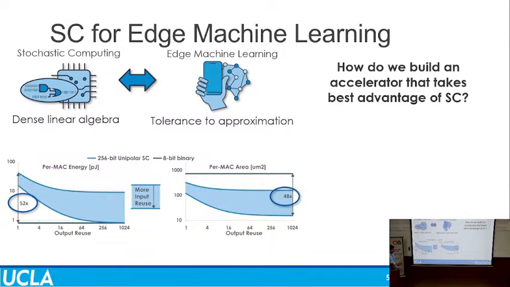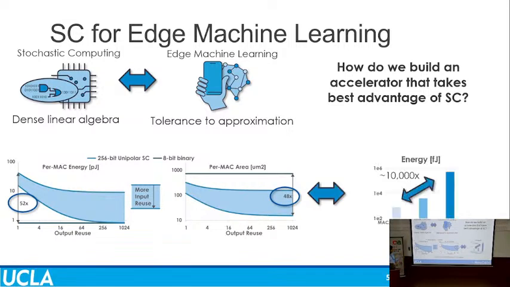And as I said earlier, what matters in the context of energy efficiency of ML is how much you can reuse the data once you have read it from memory. So here, if I have 100 times more multiply accumulates available, I can reuse the data roughly 100 times more. And that's where the energy benefit largely comes from in the case of stochastic computing.